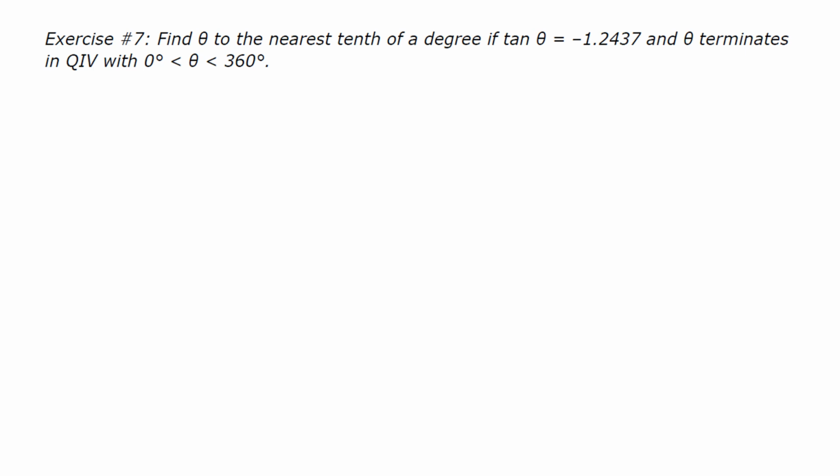So we're going to find theta to the nearest tenth of a degree if the tan of theta equals negative 1.2437 and theta terminates in quadrant 4, with theta being between 0 and 360 degrees. So we know the tangent of theta is negative 1.2437. We don't know what theta is, but we'll use its reference angle to help identify the angle.